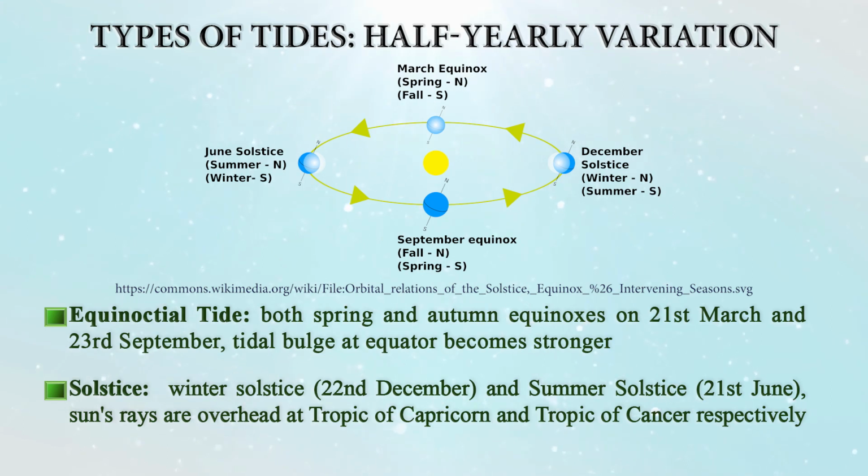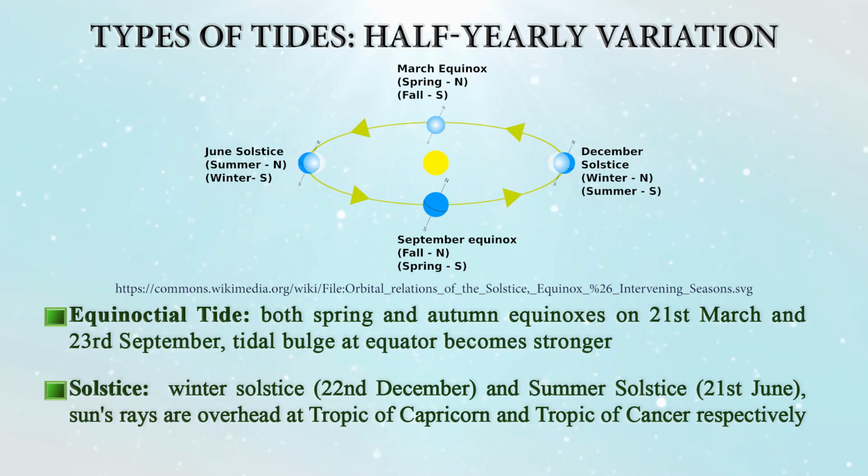During the winter solstice and summer solstice, that is 22nd December and 21st June respectively, the sun's rays are overhead at the Tropic of Capricorn during the winter solstice, and on the Tropic of Cancer during the summer solstice.